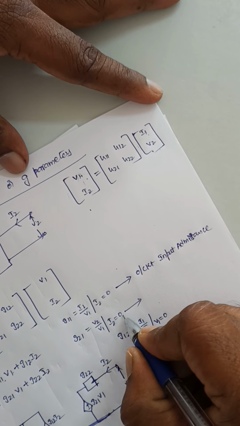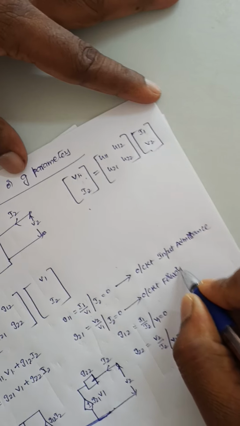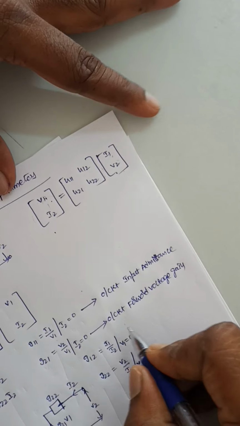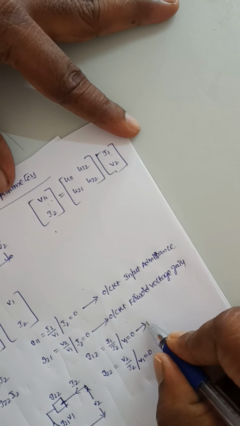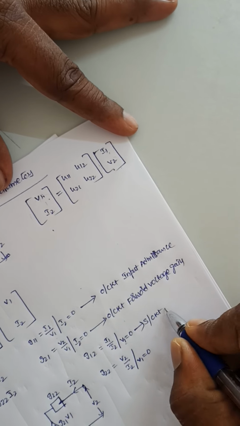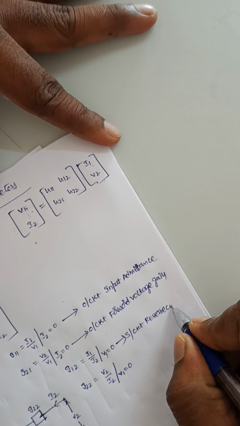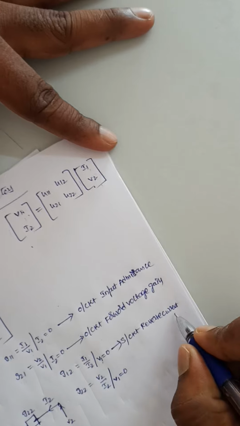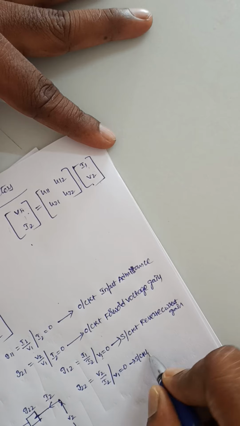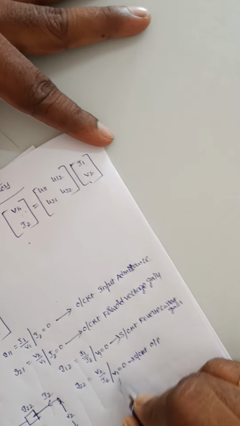G21 is the open circuit forward voltage gain. G12, since it is short circuited with V1 equal to 0, is the short circuit reverse current gain. G22 is the short circuit output impedance.